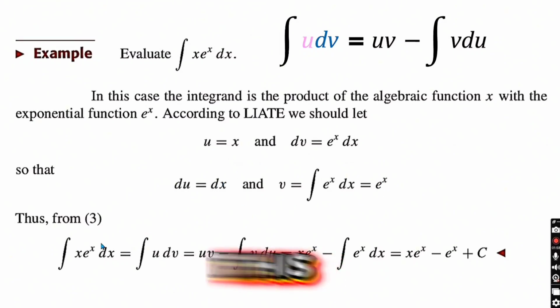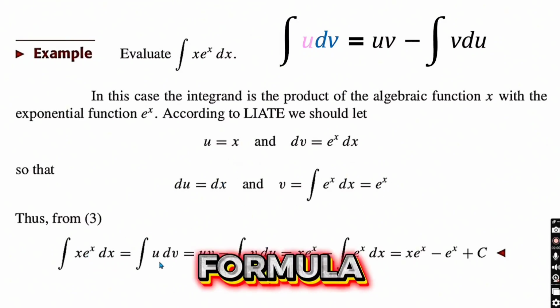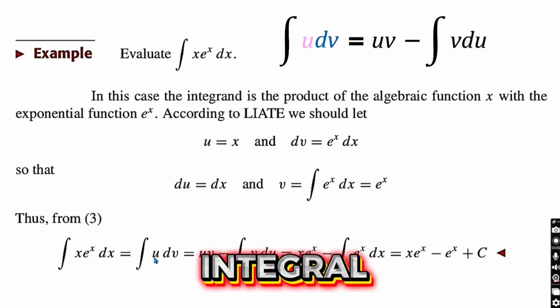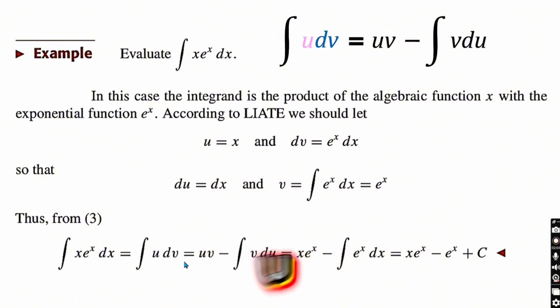Since we are done with this, we can use the formula. The integral of u dv, this is our guide, is equal to uv minus the integral of v with respect to u. So what is u? x. What is v? That's e raised to the power of x, minus the integral symbol. And what is v? e raised to the power of x.